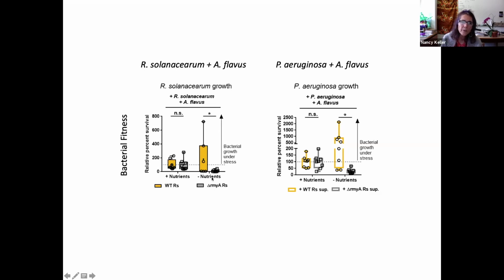However, when she grew them under a situation where there was no nutrients, under starvation, you can see here that the bacterium that actually made ralsolomycin and could therefore go into chlamydospores grew much better than the poor bacterium without a lipopeptide. She found exactly the same thing with Pseudomonas aeruginosa. So this suggested to us that the bacterium actually does receive some benefit by being able to enter inside the chlamydospore.